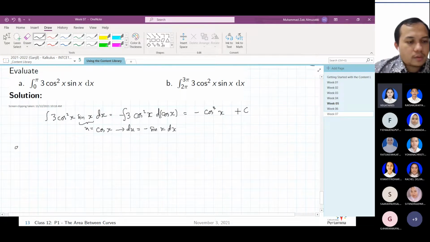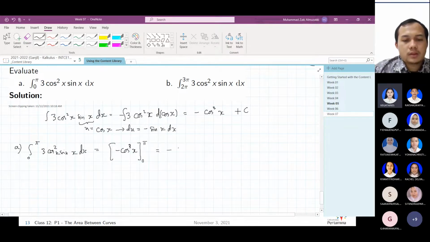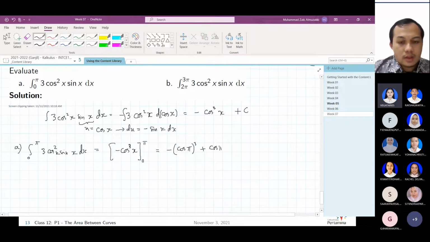So for a, we have that the integral from 0 to pi of 3 cosine squared x sine x dx is minus cosine cubed x from 0 to pi, so minus cosine pi cubed plus cosine 0 cubed.